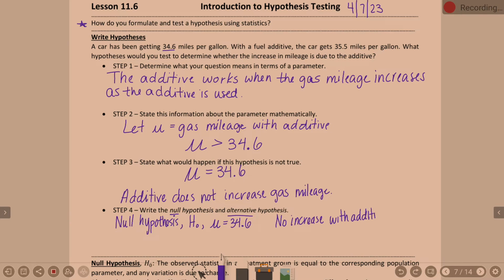If there's no increase with the additive, that's basically just saying that any variation in that gas mileage is just due to natural variation. Okay? Maybe you had an extra windy day and the wind was pushing you from behind and increased your gas mileage. Maybe you drove more highway miles that day and increased your gas mileage. It was just from natural variation, but not the additive.